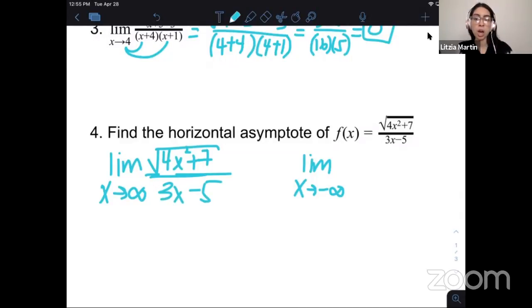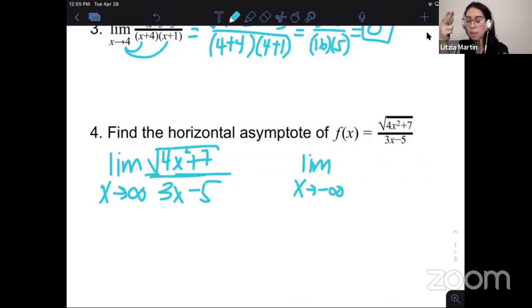All right. What we want to be able to do is apply our rules for horizontal asymptote. So we want to check to see, is it top heavy, bottom heavy, or same degree? But in this case, we have that root at the top, so we have to actually square root it.